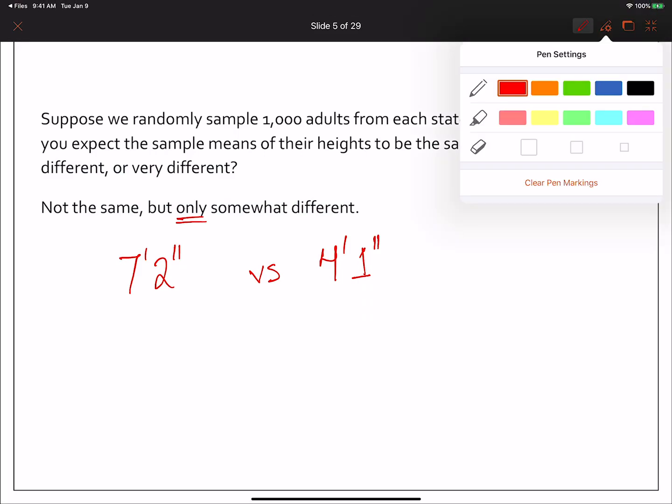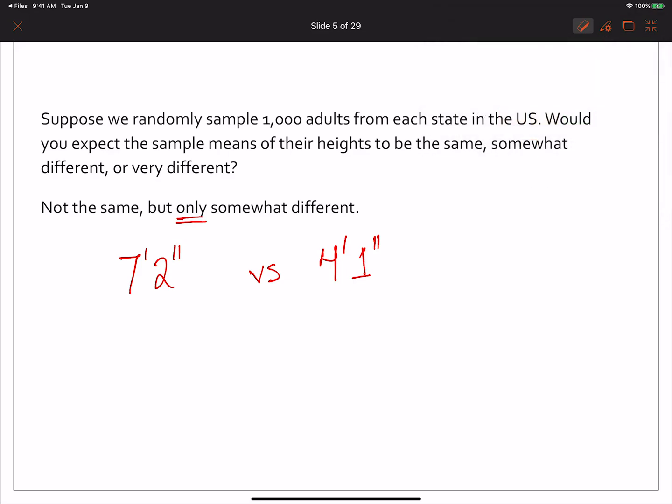Now, this process that we just did, where we took a bunch of different samples and compared the means of all of those samples, is called creating a sampling distribution. We took a whole bunch of samples and we're looking at the descriptive statistics of each of them.